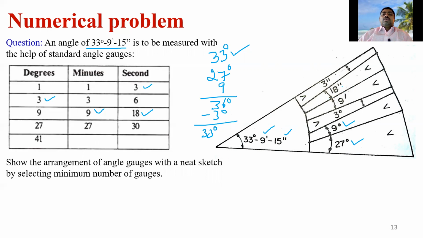So 18 seconds minus 3 seconds, you will get 15 seconds. These two angle gauges represent 15 seconds, this one slip gauge represents the 9 minutes, and these three angle gauges represent the 33 degrees. So in total we used 3 plus 1 plus 2, total 6 angle gauges to represent the angle 33 degrees, 9 minutes, 15 seconds.